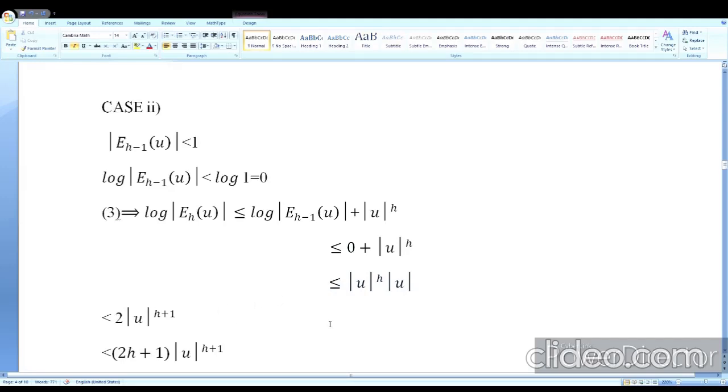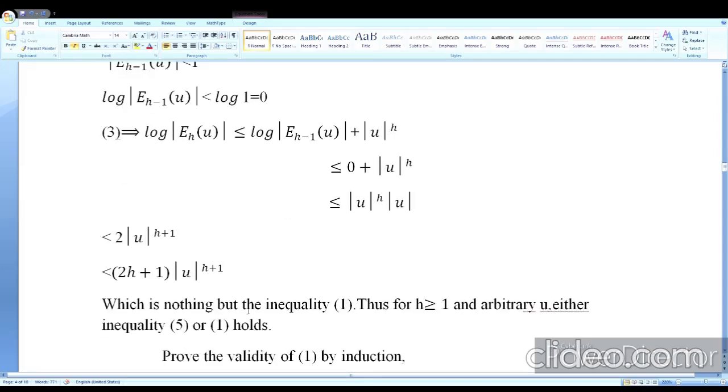And again we can write multiply by 2, less than 2 into modulus of u power h plus 1. Since it is any integer, instead of 2 we can write 2h plus 1 into modulus of u power h plus 1, which is nothing but inequality 1. Thus for h greater than or equal to 1 and for arbitrary u, either inequality 5 or 1 is true.